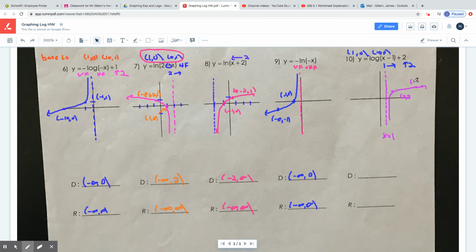And that point is 11, 3. How'd I get that? 10, 1, move 1 to the right, adds 1 to the x, that's 11, 1. Move up 2, 1 plus 2 is 3. So 11, comma 3. All right, so the domain here, vertical asymptote is at 1 to infinity. The range, once again, is negative infinity to infinity.